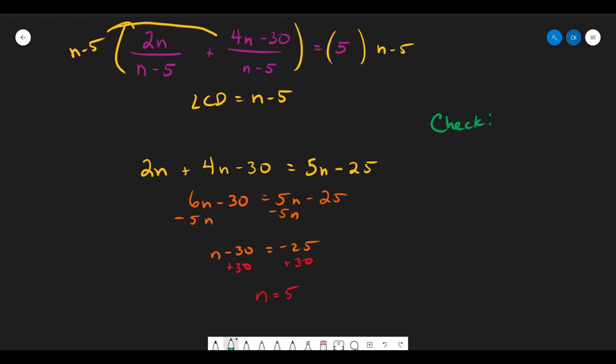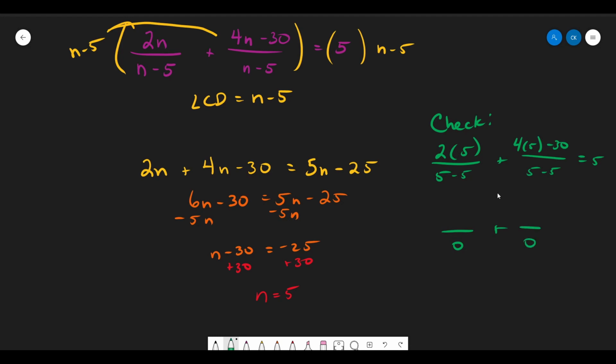and I plug this in, I'm going to have 2 times 5 over 5 minus 5 plus 4 times 5 minus 30 over 5 minus 5 equals 5. And right away you should recognize something. My denominator, 5 minus 5, that's going to end up being 0 on both of these.